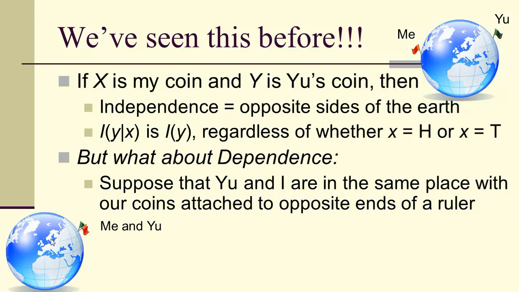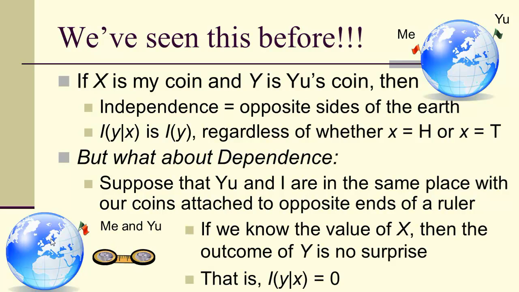But dependence is a different story. Suppose you and I are in the same place with our coins attached to opposite ends of a ruler. So if I got heads, it's no surprise whatsoever that you got heads, and therefore the self-information is 0.